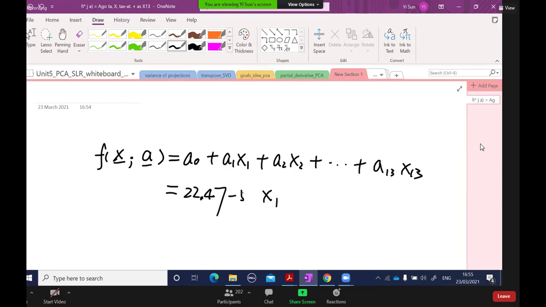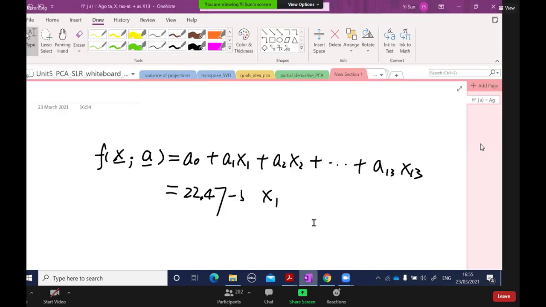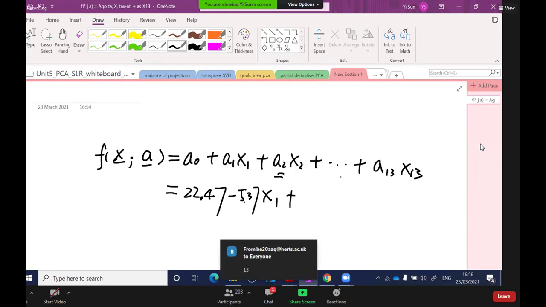Sorry, I forgot. Minus 5.37. Yep, 5.37. And then you should be able to do all the rest by yourself. Check the corresponding coefficient and then write it down. That is the final result.